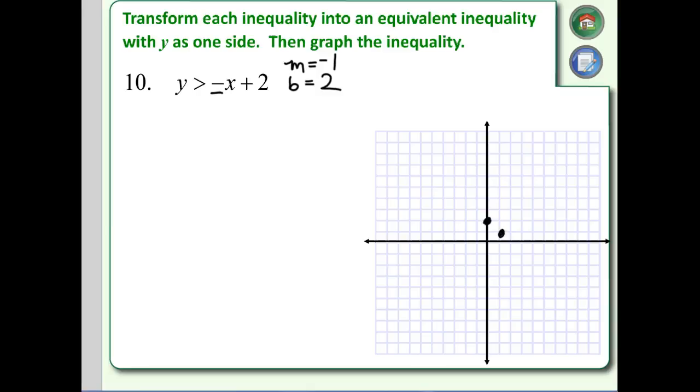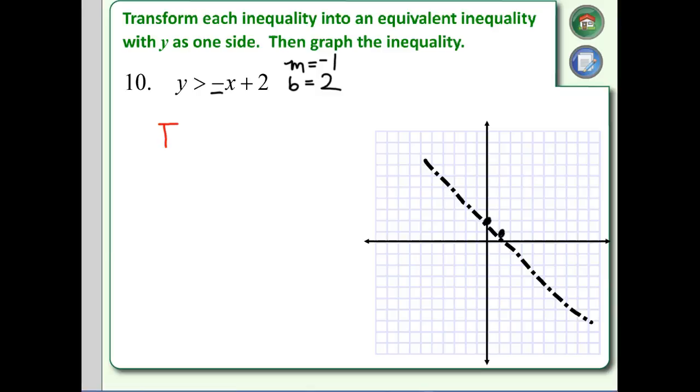My slope is -1 this time, so I'm going to go down 1, right 1. Am I going to have a solid line or a dotted line this time? We're going to have a dotted line this time. So if I go through here, and I draw my dotted line in, there's my dotted line, and now we've got to figure out our test point.